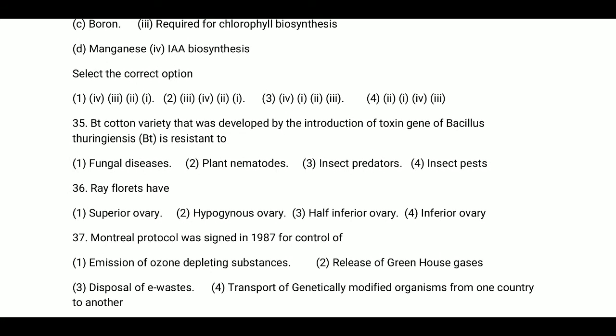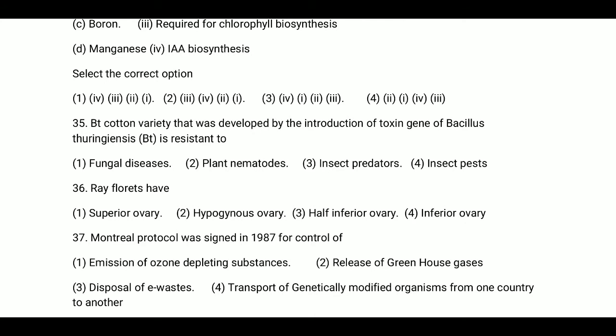Then BT cotton variety, that was developed by the introduction of toxic gene of Bacillus thuringiensis, is resistant to fungal disease, plant nematodes, insect predator, insect pest. So what Bacillus thuringiensis cotton is resistant to is the question, and the right answer for this is pest. It is pest resistant variety of plants.